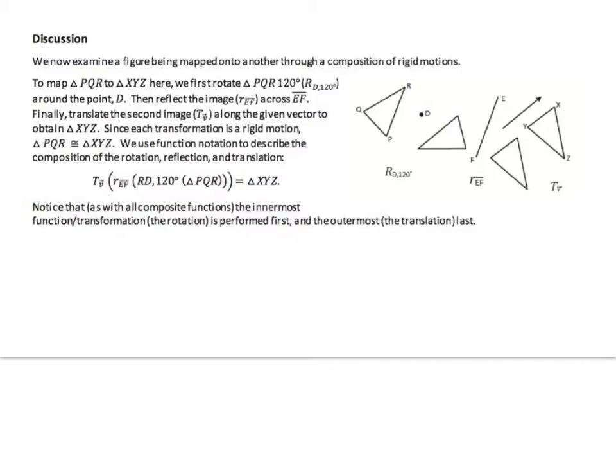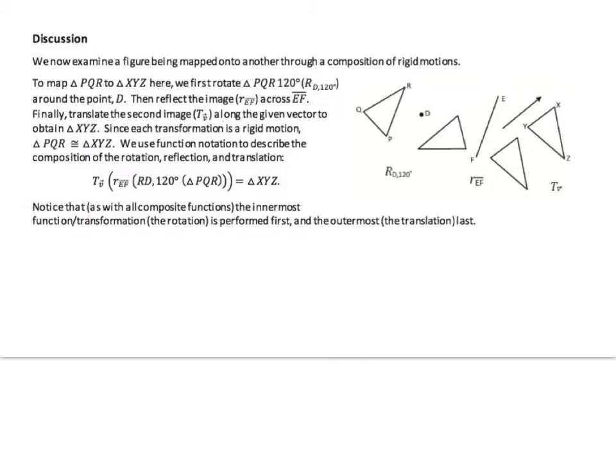Okay, let's go through some discussion. We now examine a figure being mapped onto another through a composition of rigid motions. To map triangle PQR to triangle XYZ, we first rotate triangle PQR 120 degrees about D. Then reflect the image across segment EF, right here.